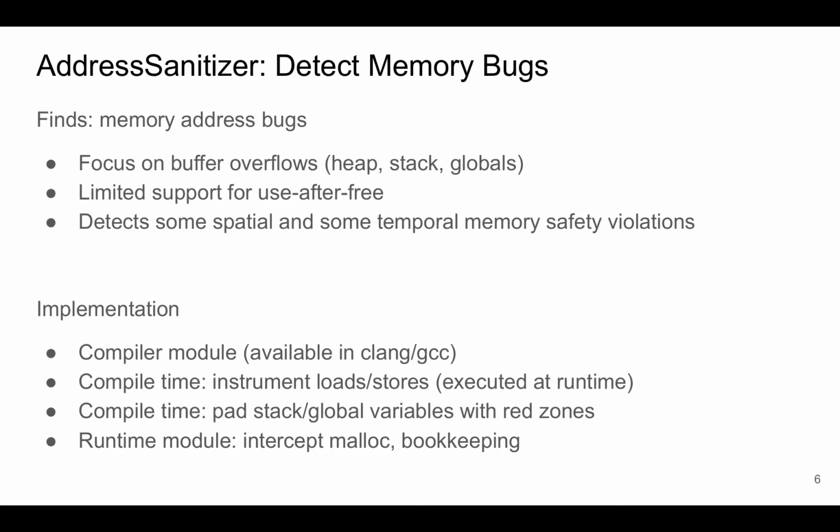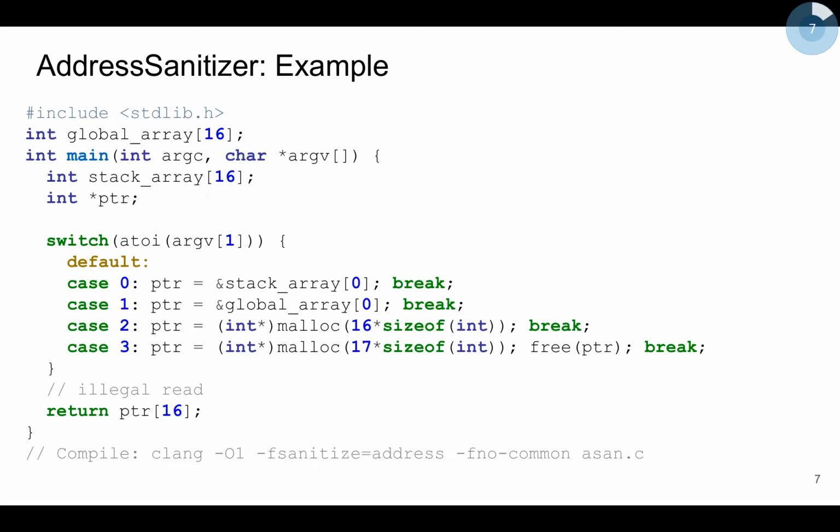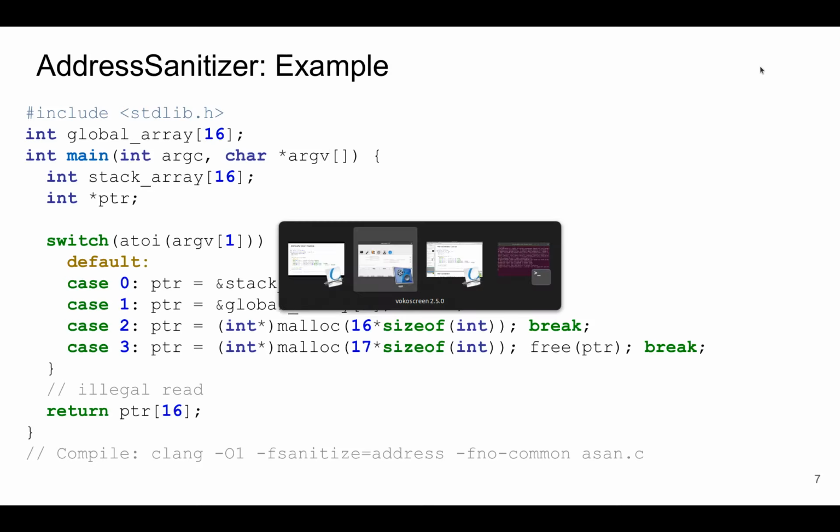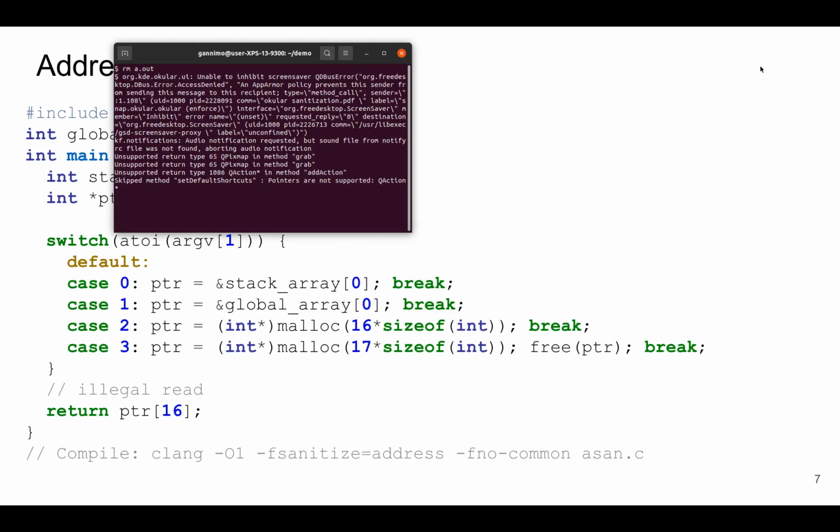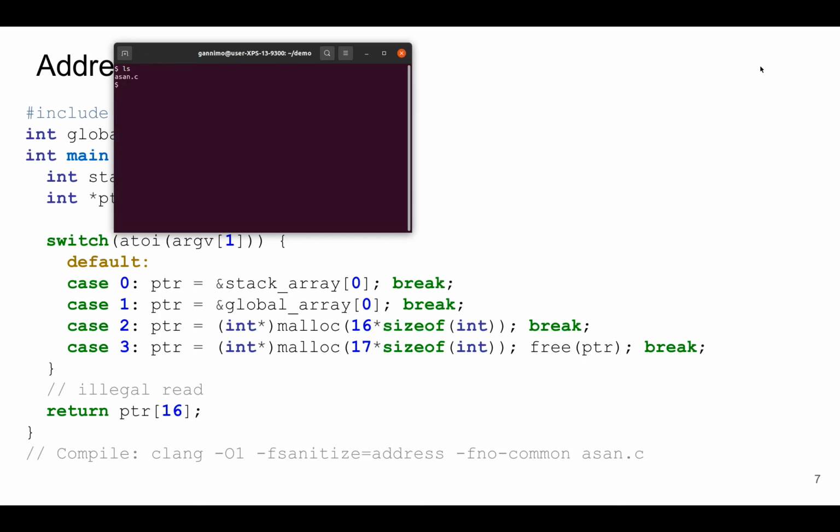And it does some additional bookkeeping to keep track of what has been allocated. We'll do a quick example. You've already played with address sanitizer, so this will not be too new.